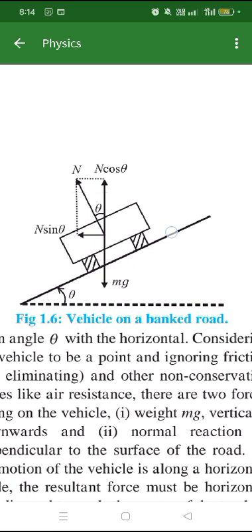So on an inclined surface, like we have seen previously, the normal reaction always acts perpendicular to the surface, and weight always acts in the downward direction, no matter where the body is placed. So in the weight balance, the weight, the downward component, will be balanced by the upward component, the N cos theta component of the normal reaction, right?